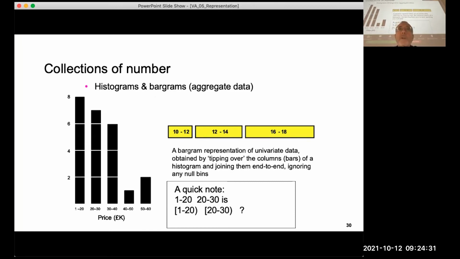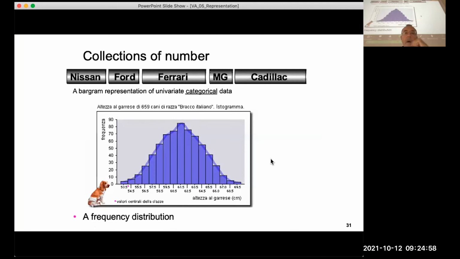He did a lot of work in visualization. But I don't like this example because it is ambiguous. Where is 20? Here or there? You don't know. So you need to overcome this problem somehow. Even here, 12 is both here and here. You can guess that it is not included, but you need a way of specifying it somehow.